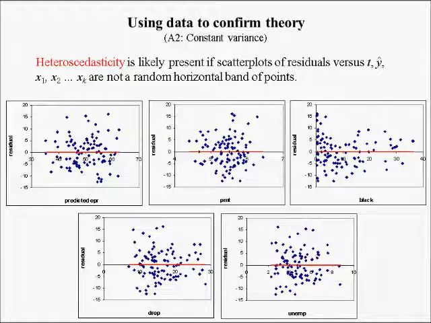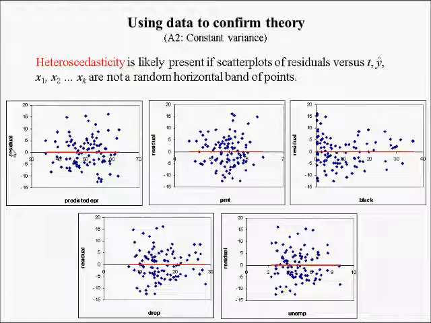Now the next thing we have to check for is heteroskedasticity. Hetero means changing, and skedasticity is dispersion or variance. So we want to see if the variance is constant as one of the right-hand side variables increases.